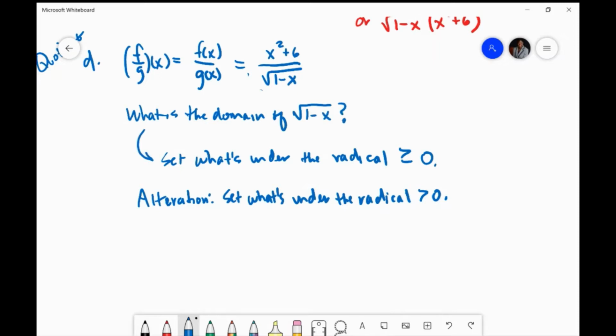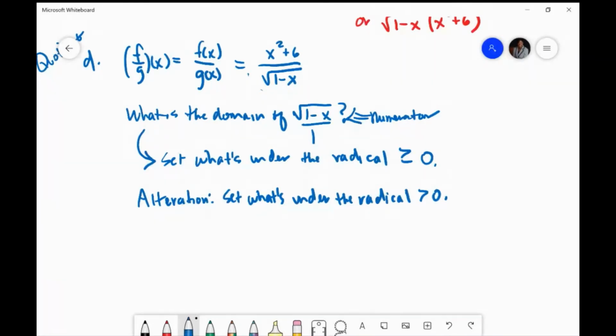So you set what's under the radical to greater than or equal to 0. No problem, because the square root of 0 is fine in this case. If this was the square root of 0 in the denominator, though, that would be a problem because that's undefined. We don't want to make the denominator 0. In this case, this is not in the denominator. This is considered to be in the numerator because it's like over 1. You get what I'm saying?